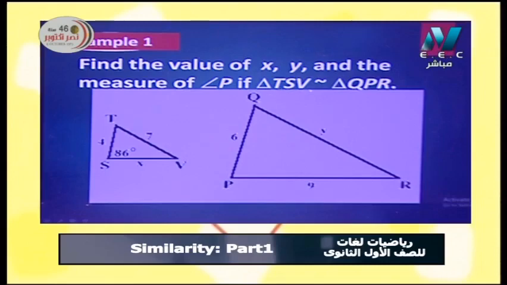Triangle TSV is similar to triangle QPR, and we have angle S equals 86 degrees. The length of TS equals 4, SV equals x, QP equals 6, PR equals 9, and we have y, which is unknown also. Let's see.